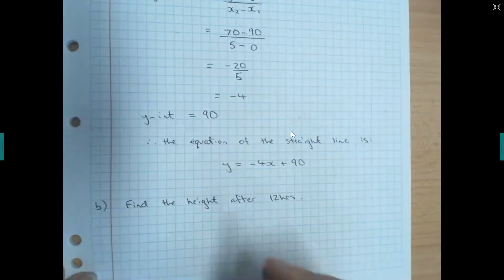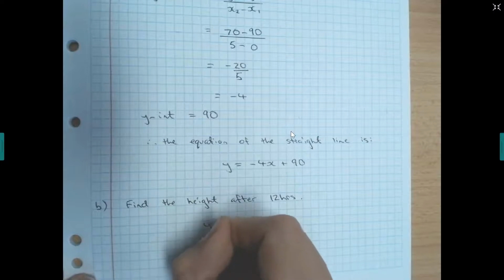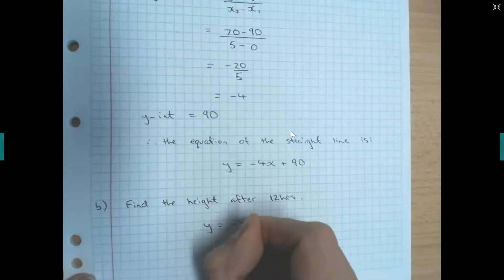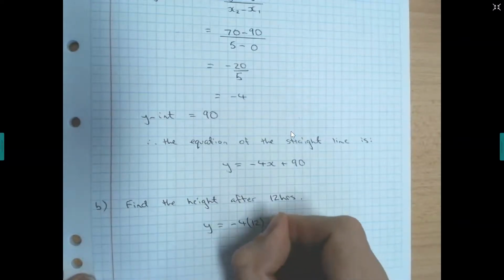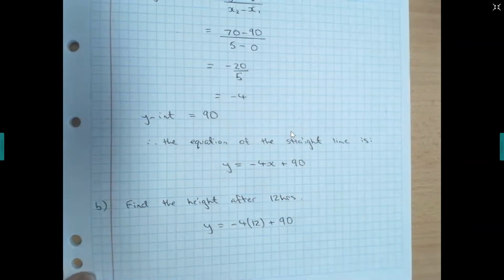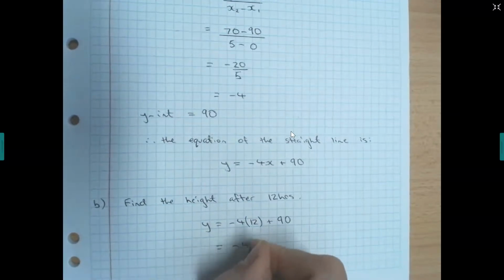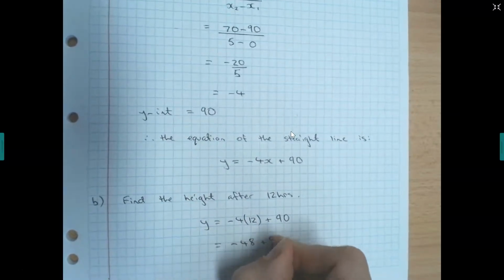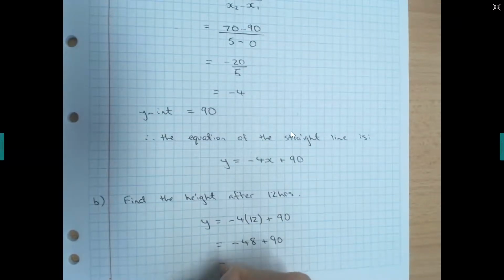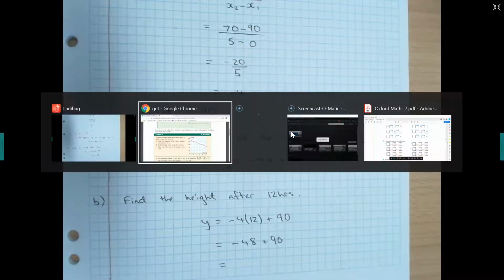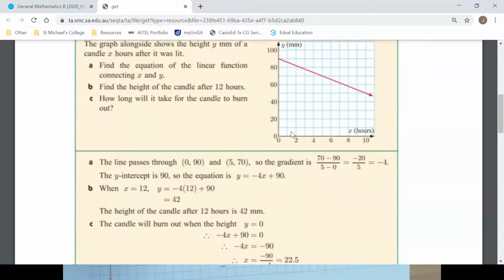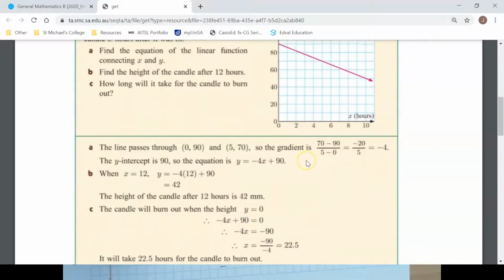So y will be equal to negative 4 by 12 plus 90, which is equal to negative 48 plus 90, which is equal to 42.